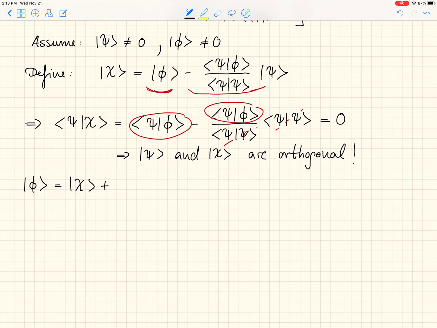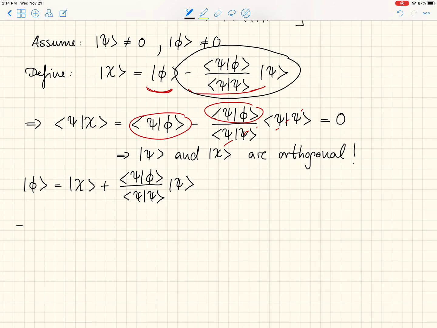So I can take this whole part onto the left here, and then I get that phi is equal to chi plus the inner product of psi and phi divided by the inner product of psi and psi, times psi. Okay, so that's useful.